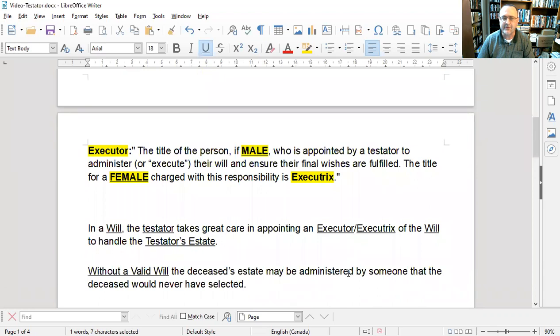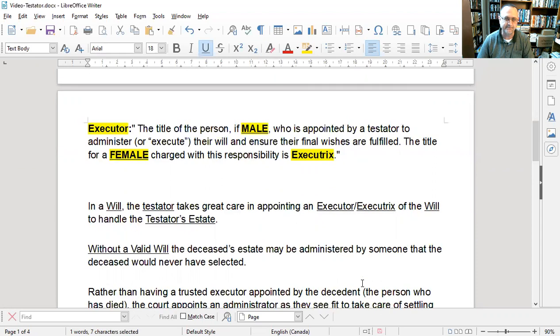Without a valid will, the deceased's estate may be administered by someone that the deceased would never have selected. And so you lose your ability to determine who's going to settle your estate, who's going to make sure that everything you worked towards over your life is taken care of with respect, dignity, and accuracy according to your wishes.